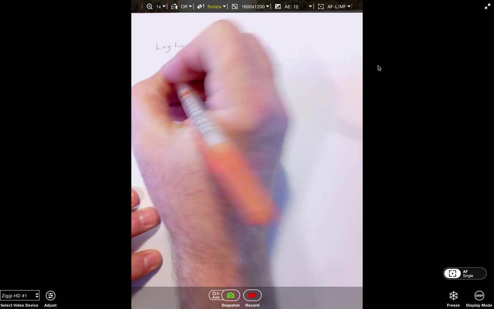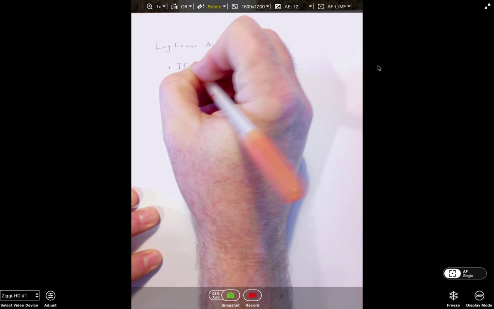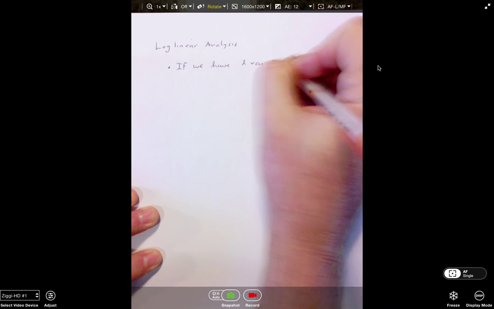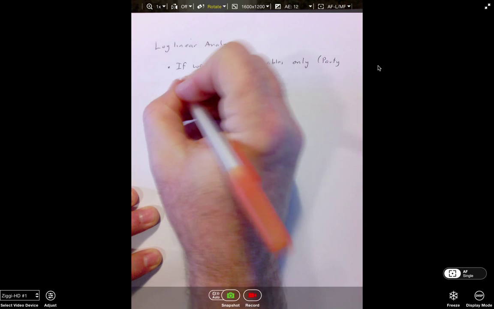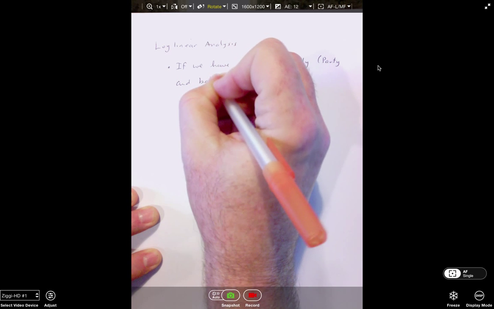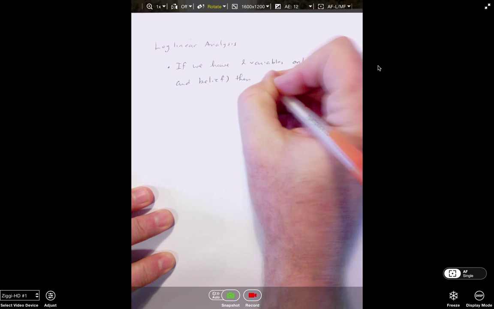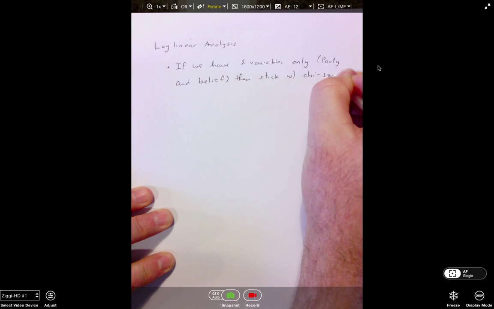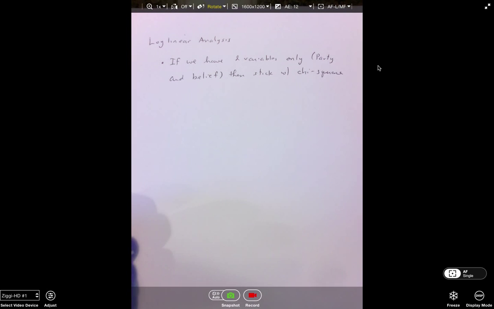Guys, first of all, in log linear analysis, what I want you to keep in mind is, if we only have two variables, party and belief, then stick with chi-square. They are easier to perform, they're easier to interpret, and they're just less confusing.